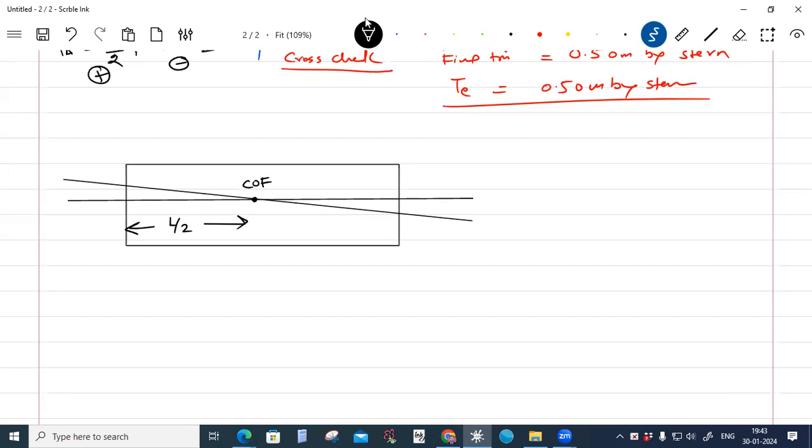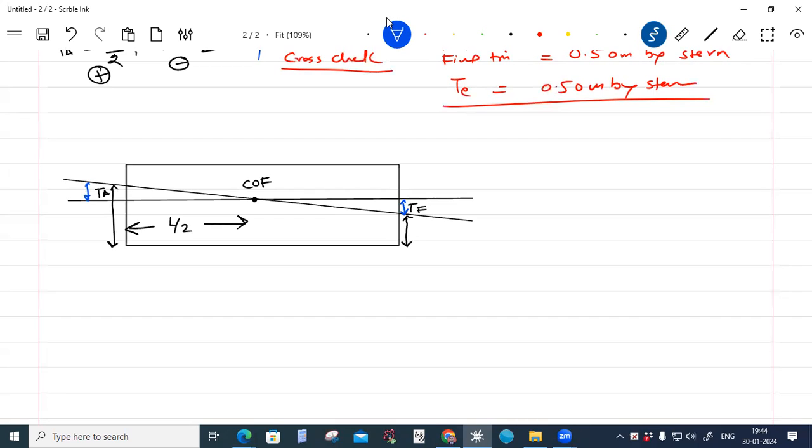If it is at mid length, this is the change in the aft draft, and this is the change in forward draft. This is the final forward draft, and this is the aft draft. This is the change. Is it clear?